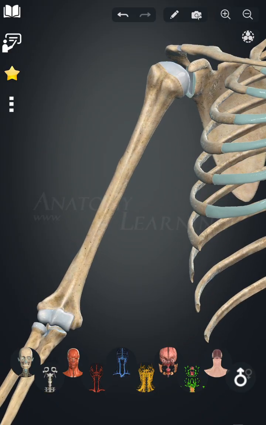This is the lesser tubercle, this is the greater tubercle, this is the medial lip, this is the lateral lip of intertubercular sulcus, this is the radial fossa, this is the coronoid fossa, and this is the capitulum, this is the trochlea. And this is the deltoid tuberosity.